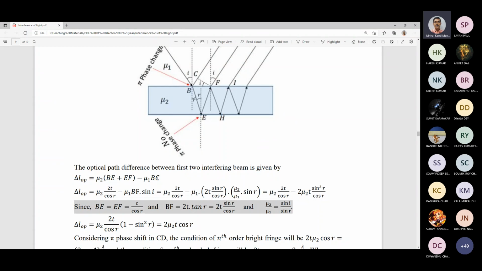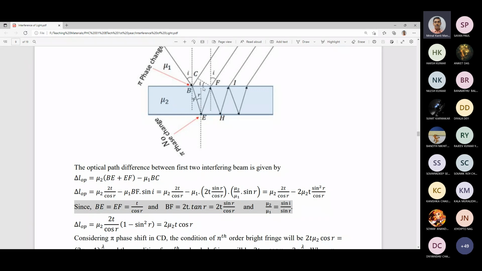Now from this simple mathematics, we can write the path difference in this form. You see here, BE is equal to EF, because this angle is r, so this angle is again r, right?